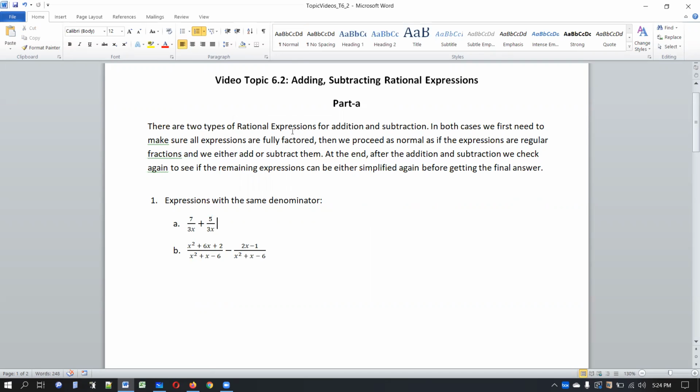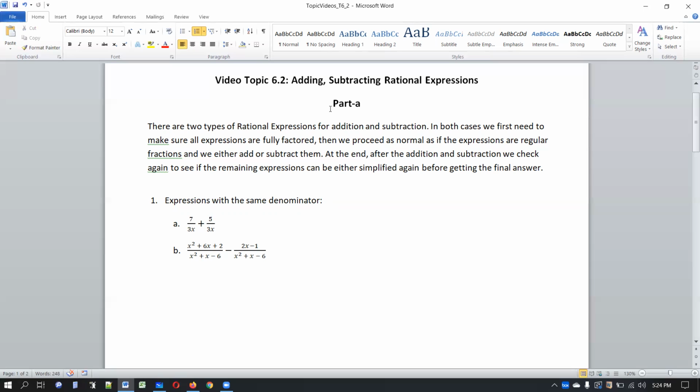In whatever case you have, and you can read this once you stop the video, the goal is to always make sure that your denominators are the same so that you can perform the addition or subtraction. In the case where the denominators are already the same to begin with, like in these two cases, the problem becomes a lot easier because I don't have to do the first part of the conversion to make them the same. So this is a lot easier to begin with.